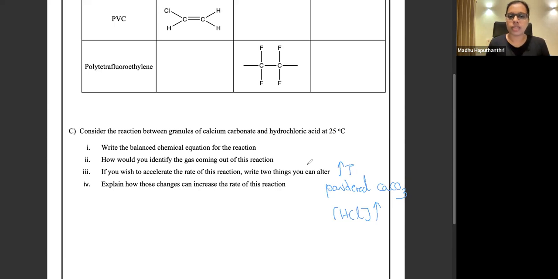More number of collisions is what is leading to a high reaction rate. Particularly, the number of collisions taking place within a unit amount of time is increased, because you have to pay attention to rate. So thereby reaction rate is increased.